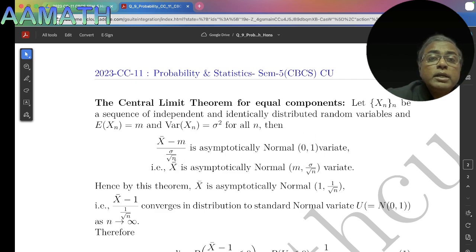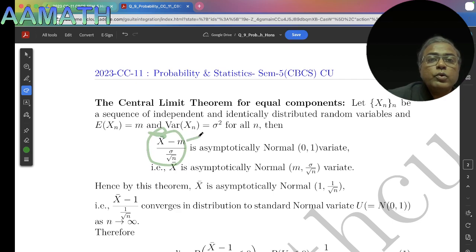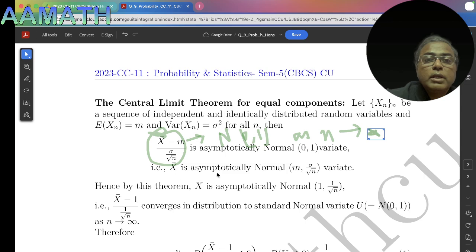Asymptotically means this tends to normal 0-1 as n tends to infinity. That is, X bar is asymptotically normal with mean m and standard deviation sigma by root n.